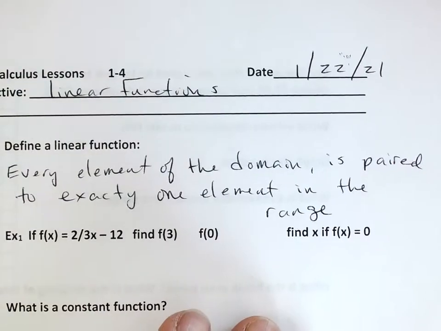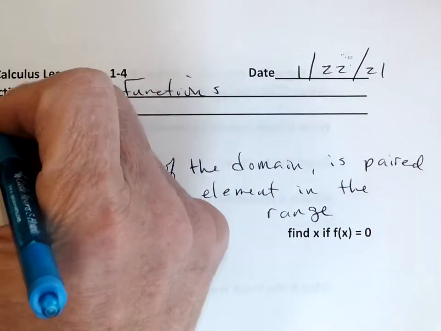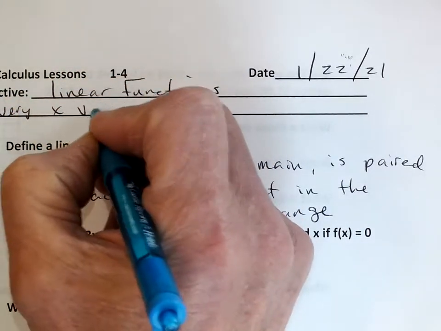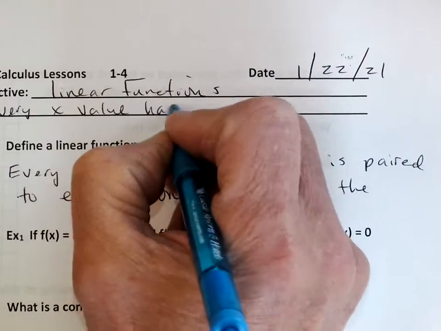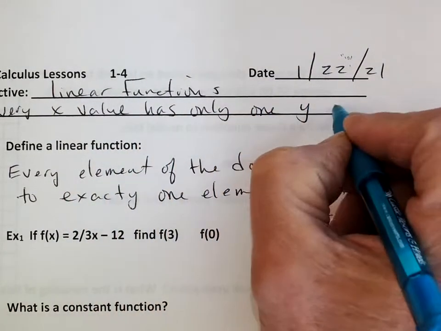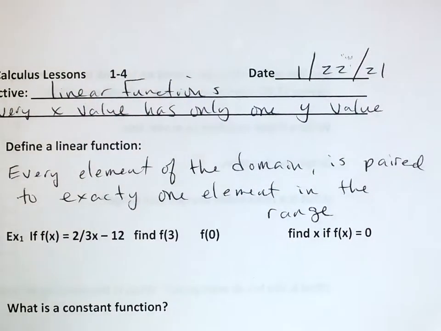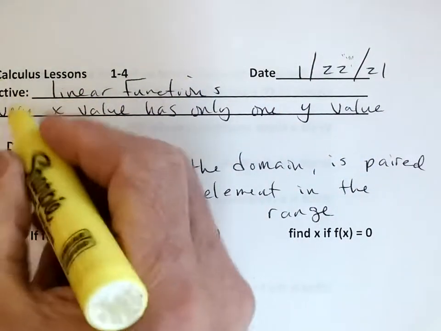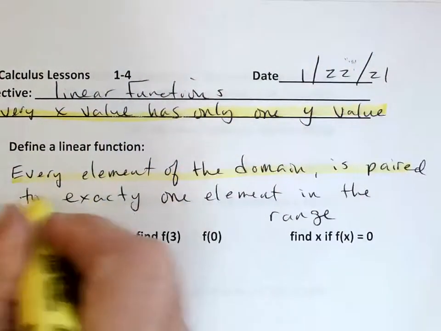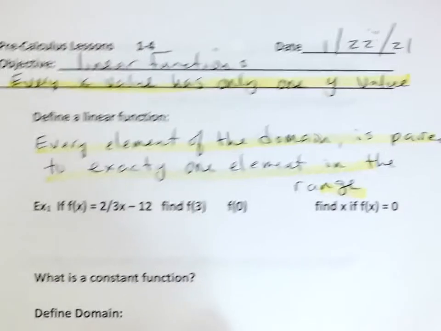Or when we were in Algebra 2, we said the same thing but a little bit differently. We said every x value has only one y value, okay? So I'm saying the exact same thing except you have to start getting used to math language.